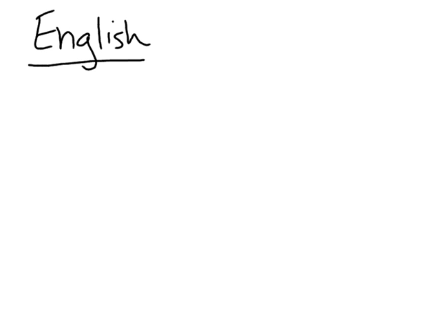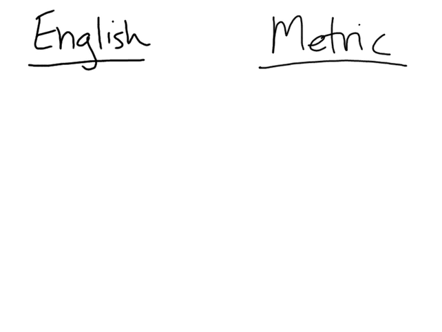Now, there are 2 types of unit systems. We have the English system, which is what we use in this country, and we have the metric system, which everyone else uses.